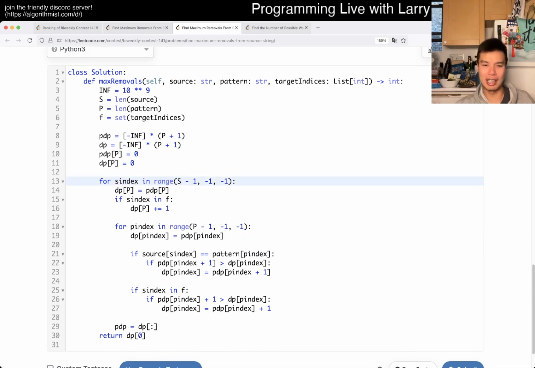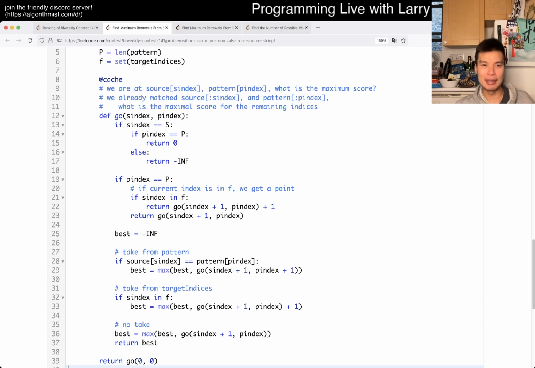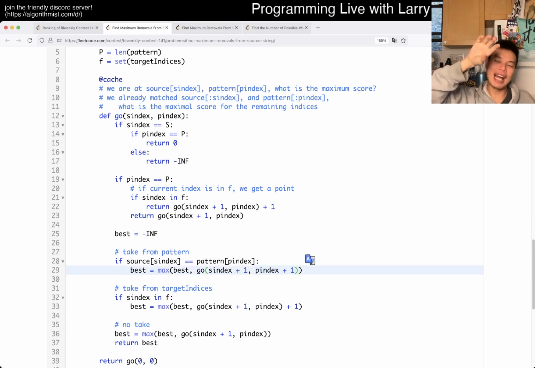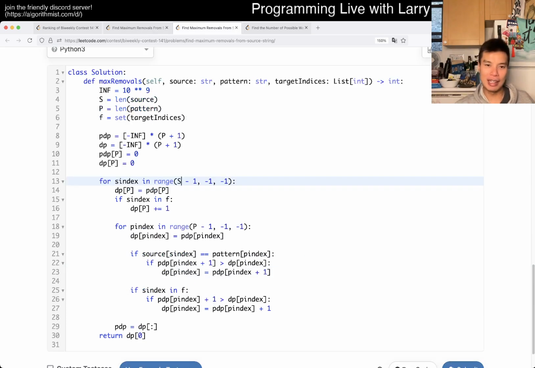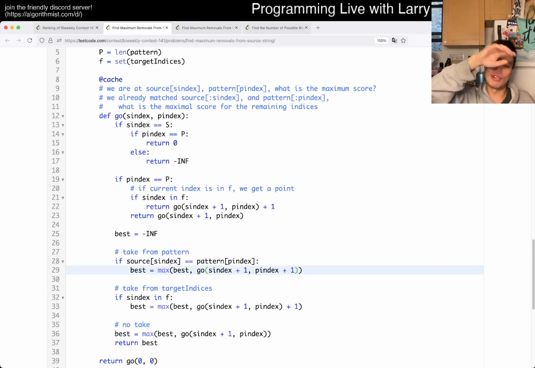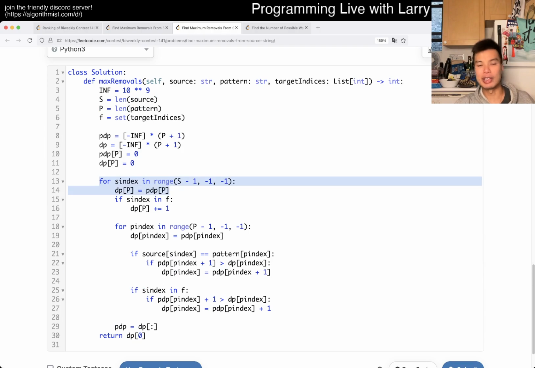Basically I look at the direction this goes: from S index plus 1 to P index, S index plus 1 to P index plus 1. That means that for every index on the first dimension, you take it from the future. That's how I got this thing where you count it backwards, right?